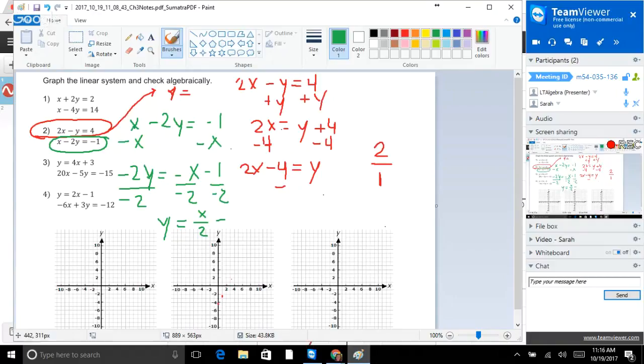And then a -1 over a -2 is plus 1/2. Okay. So then again, you want to go in your graphing tool and graph it. You could type it as y equals x divided by 2 plus 0.5 if you want to do a decimal, or you could put the fraction in there.